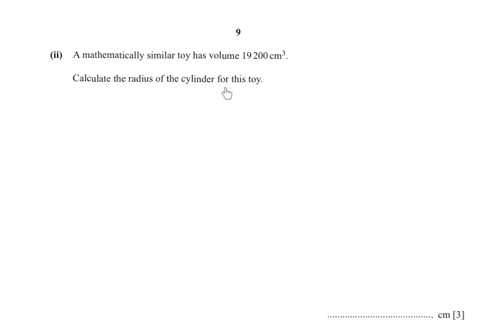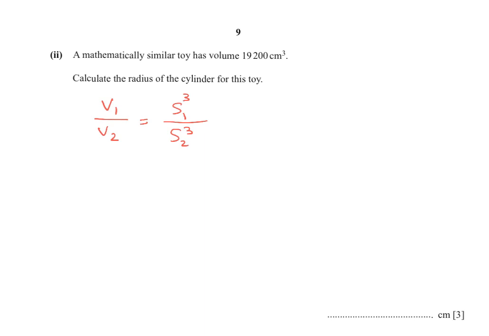Calculate the radius of the cylinder for this toy. If we have similar solids, we know that volume 1 over volume 2 equals side 1 cubed over side 2 cubed.